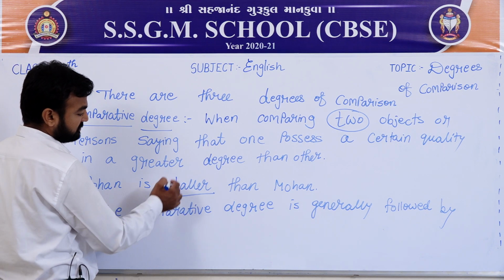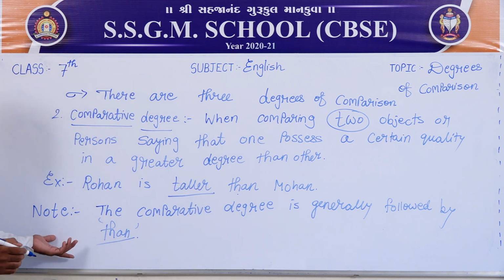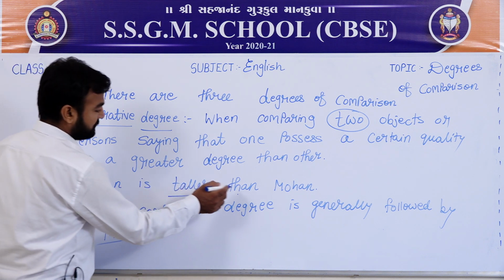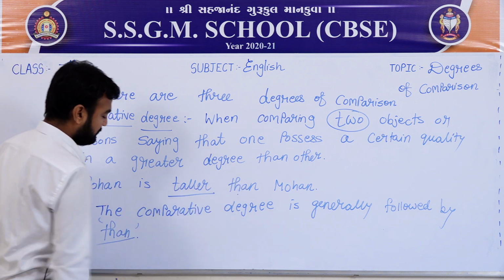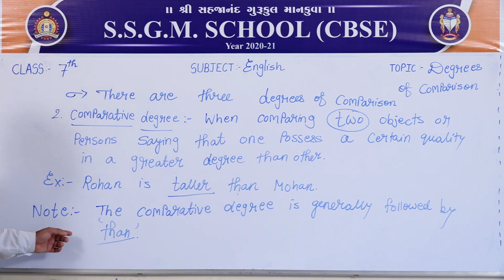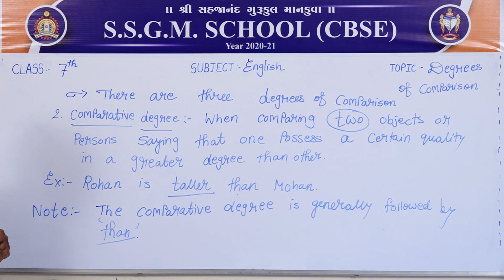Here taller is a comparative degree and it is followed by than. So as and when we use comparative degree, than should follow it, as already given in the example. This is an important note for you to keep in mind. Before we proceed to degree number 3, students, please note down comparative degree in your notebook.